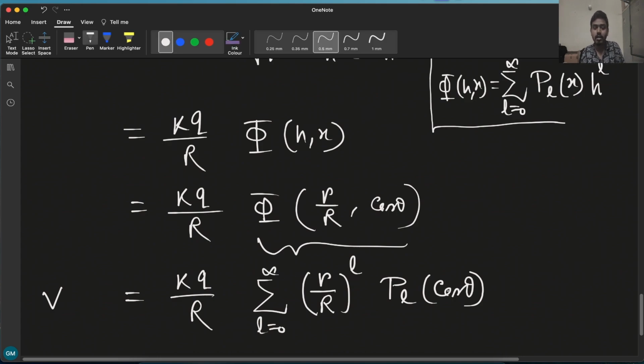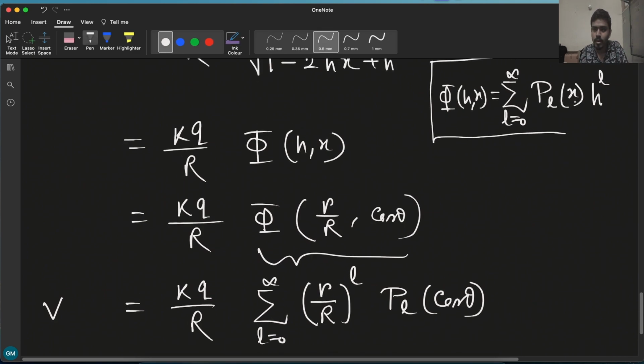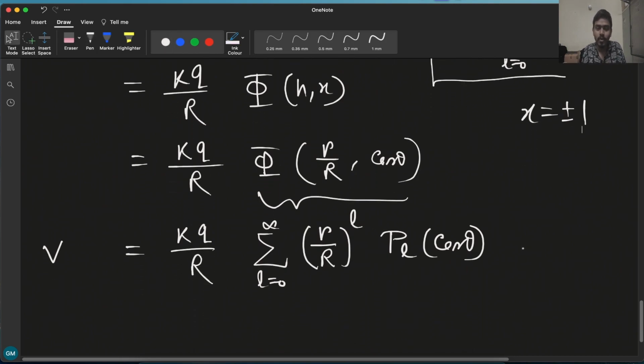And now you can make sense of why we are so interested in the requirement that at x equals plus minus 1, we should get a convergent series, because whenever we are applying it in real problems, we are getting P_l(cos theta), and this cos theta can take values like plus minus 1.